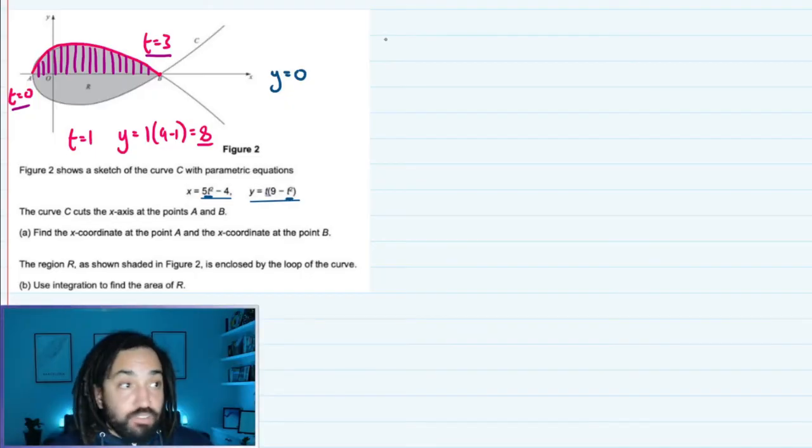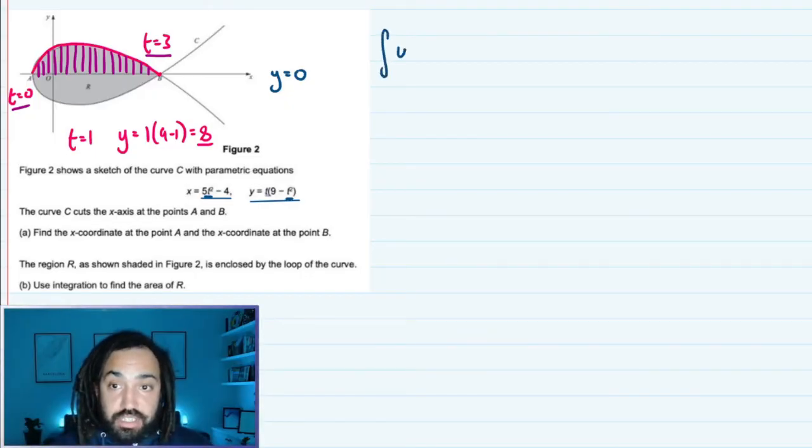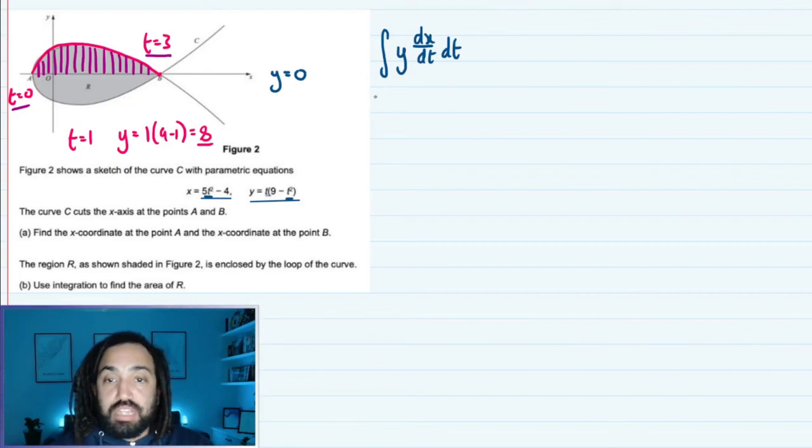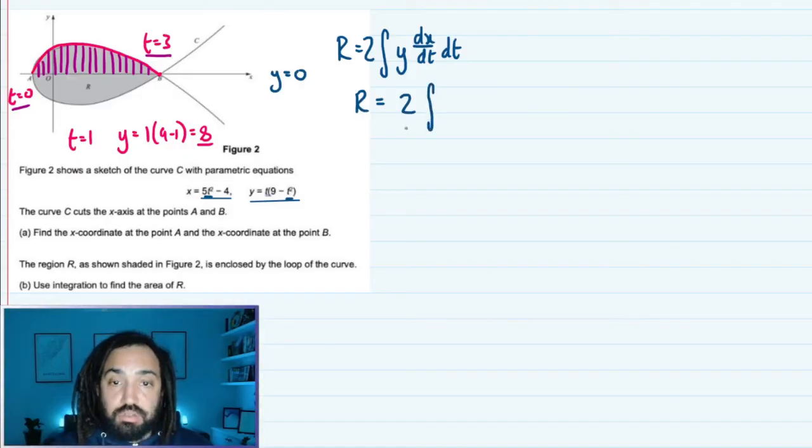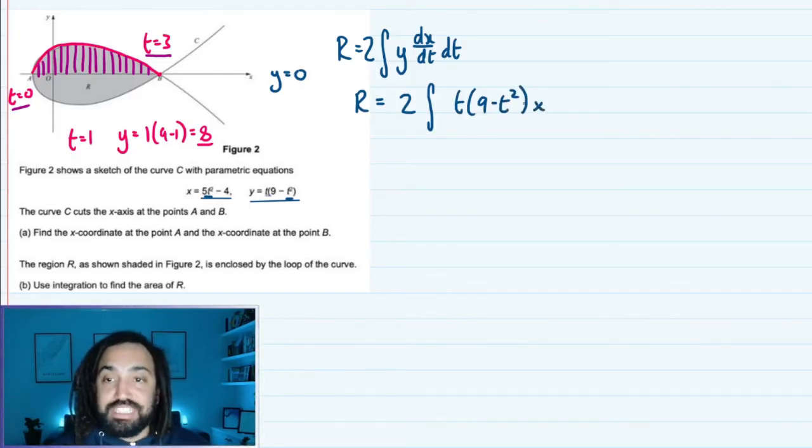So the formula for parametric integration is the integral of y multiplied by dx by dt, dt. And that's going to give me half of my region. So let's say that the region R is equal to 2 lots of that. R is equal to 2 lots of the integral of y, which is t times 9 minus t squared, multiplied by dx by dt.